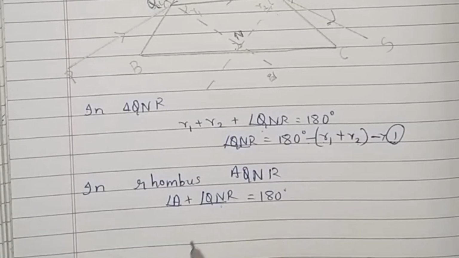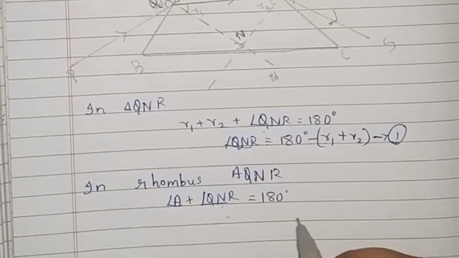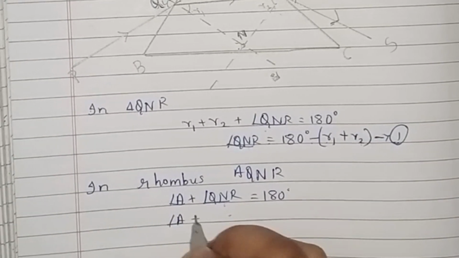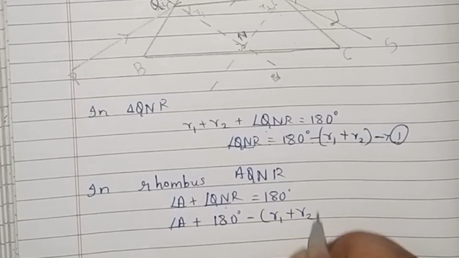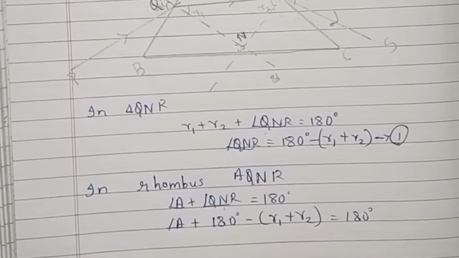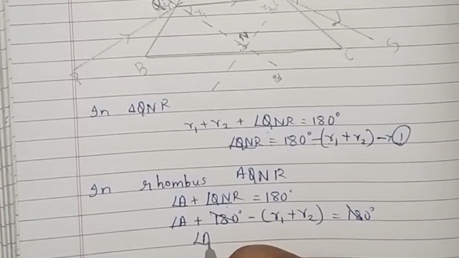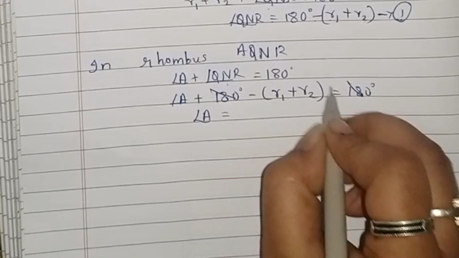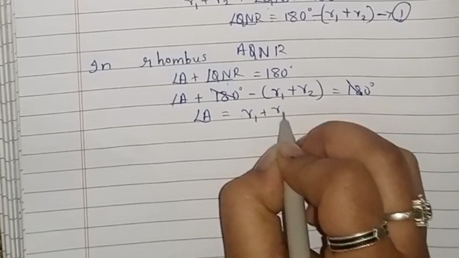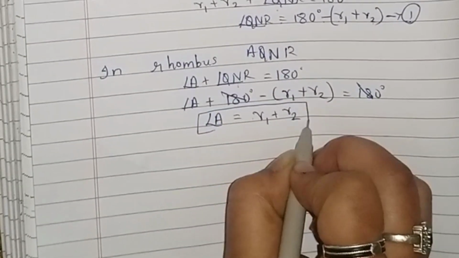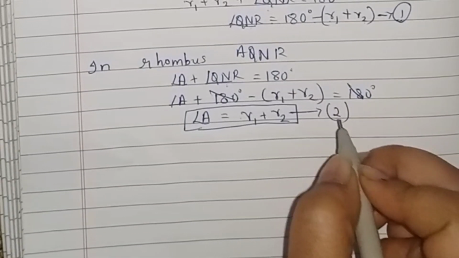We know angle QNR. So substituting the QNR value in this, we get angle A plus 180 minus (R1 plus R2) is equal to 180 degrees. This 180 on both sides gets cancelled. Angle A is equal to, if this whole goes to the other side, minus changes to plus, R1 plus R2. We have got the expression for the angle of prism. So this is equation number 2.